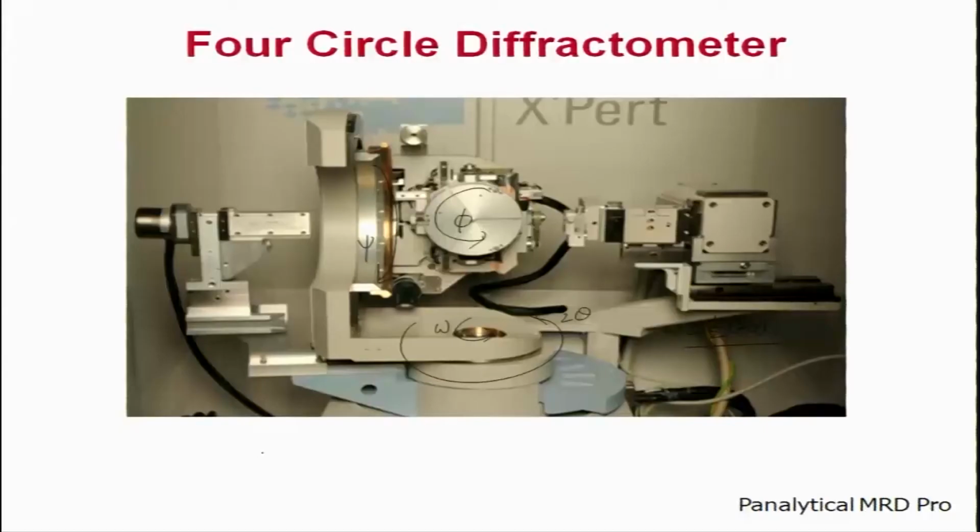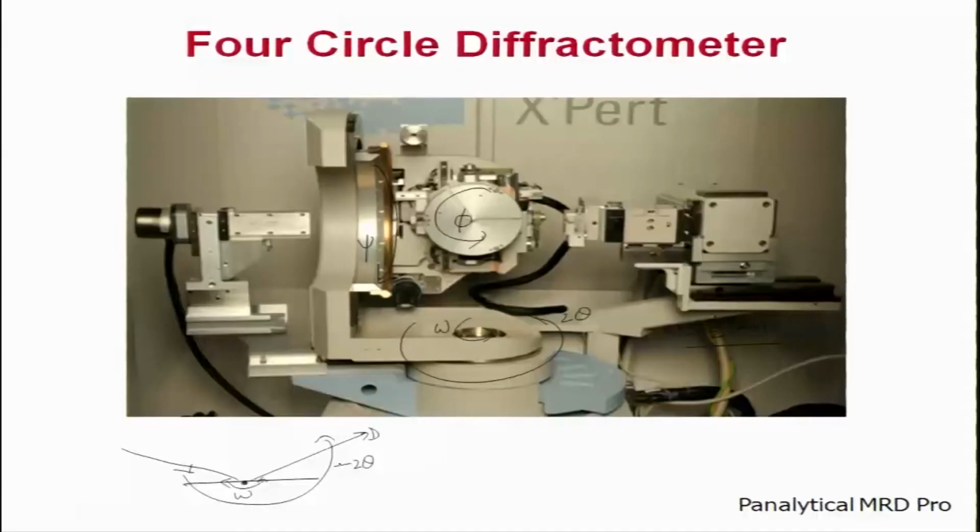So, if this is your sample, and the sample is rocking around its own axis, this is omega, but you have a detector which is here, and this is your X-ray beam. So, if these two rotate together, then this is 2 theta. So, you can see that omega and 2 theta are coplanar, okay, but you have phi and psi which are different.